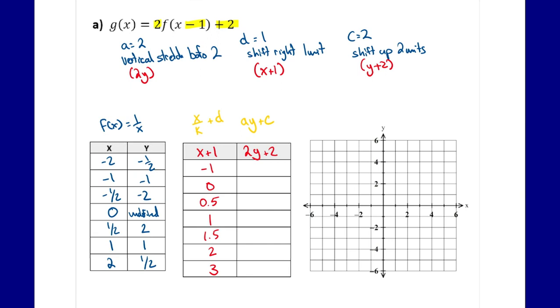So -1/2 times 2 plus 2, we're at 1, 0, -2. This is still going to be undefined, right? Because I can't multiply undefined by anything or add 2 to undefined. It's just going to stay undefined. And then we have 5, 4, and 3.